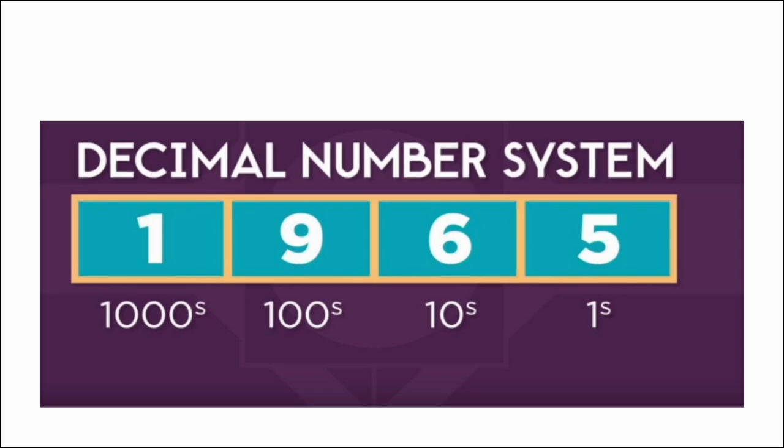In a hexadecimal system, how many different digits will you have? 16. It will go from 0 to 9 and then ABCD, that's fine. But the numbers are 0 to 15. Not digits, the numbers.